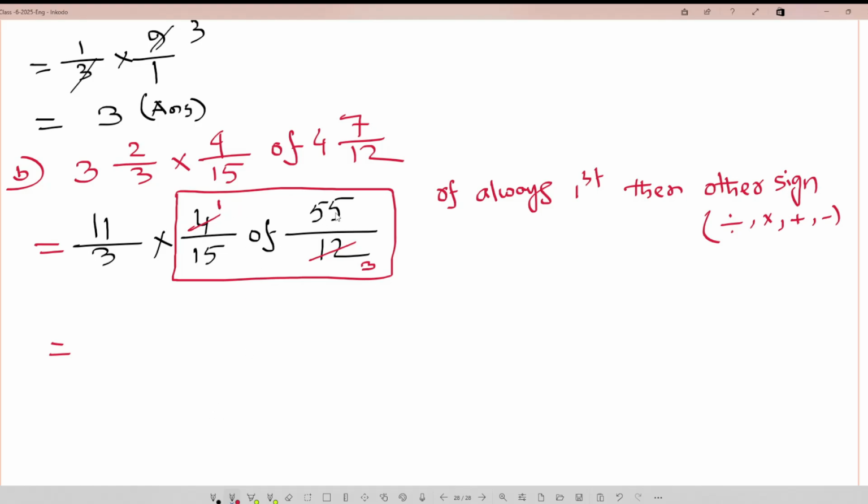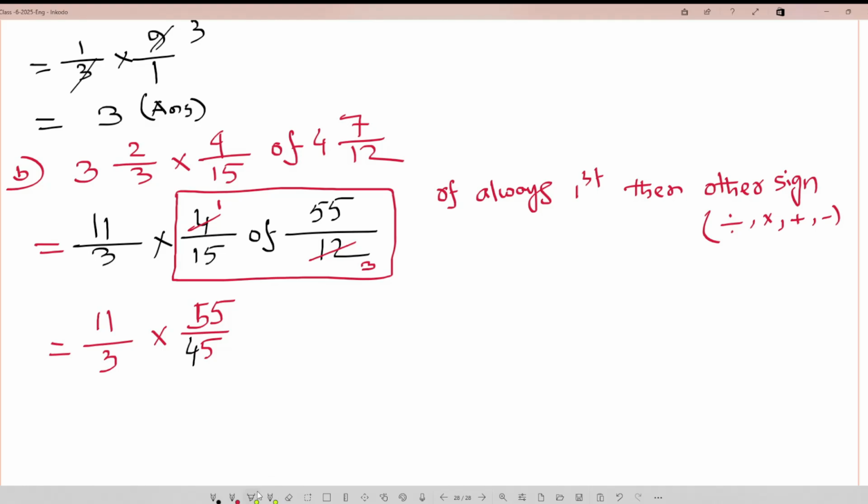And here is 55 and here is 15. We cannot divide anything, so we can write 11 divide 3 times 1 divide 15 times, here is 55. 1 times 55 is 55 and 15 times 3 is 45, right? So no need for this multiplication.